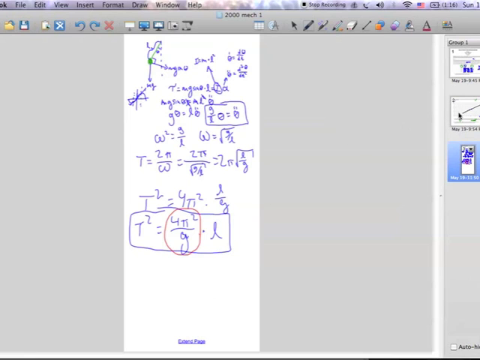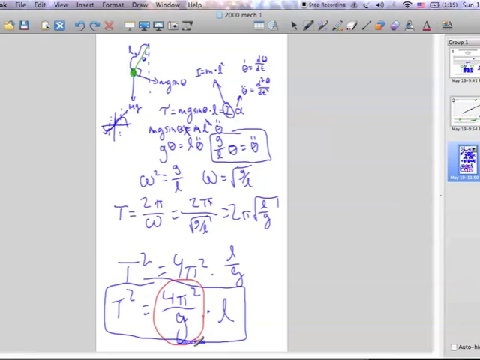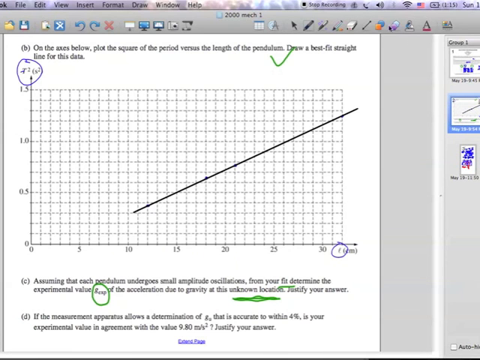So that's the slope of that line. And so we can say that the slope of that line, m, equals 4 pi squared over g.